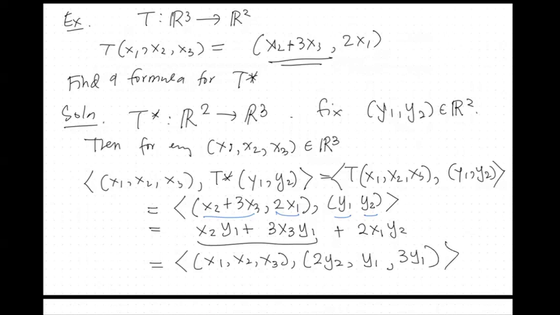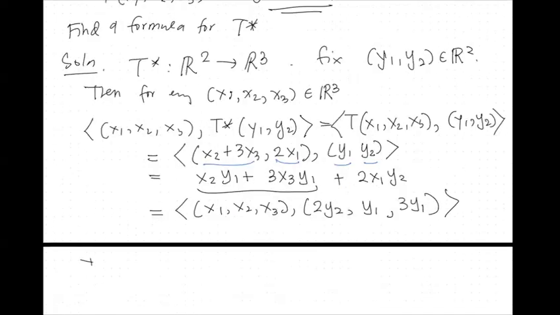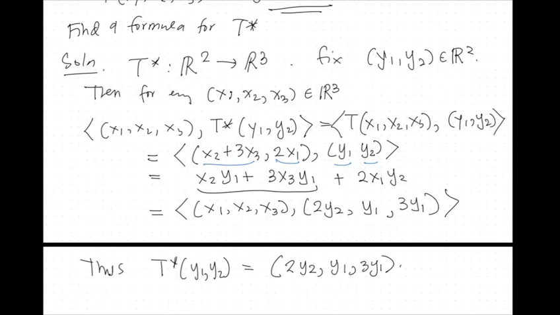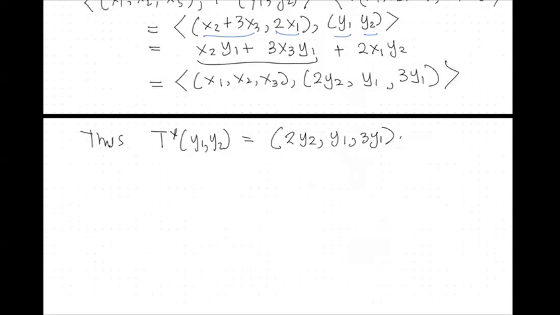So that means your T star of (y1, y2) is just (2y2, y1, 3y1). That's it for our first example.